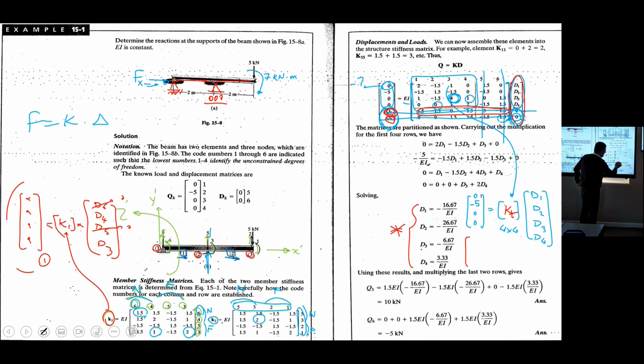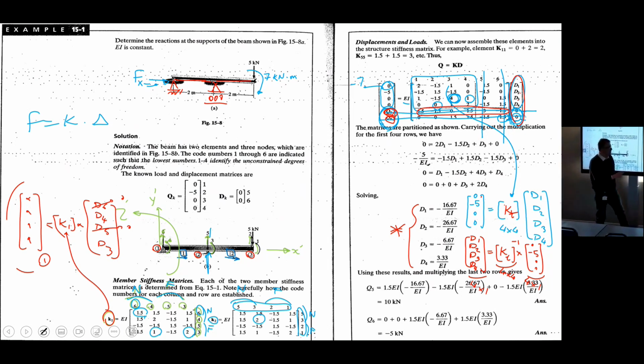If you name it like this, D1, D2, D3, D4 is equal to K total inverse multiplied by 0, minus 5, 0, 0. Keep in your mind, this is 4 by 4, and this is 4 by 1. The multiplication will be 4 by 1.